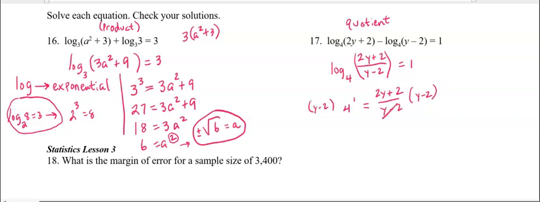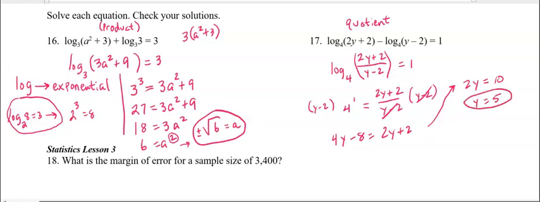So when I do that, it cancels these. The right side's pretty easy. Left side, I just have to distribute 4 to both of those. And now I just solve for y like we've been trained to do. We've done a lot of these. I'm going to subtract 2y from both sides. I'm going to add 8 to both sides and then divide both sides by 2. And there we have it.